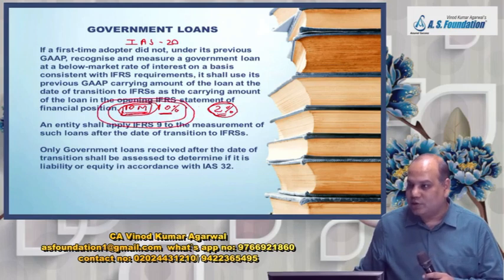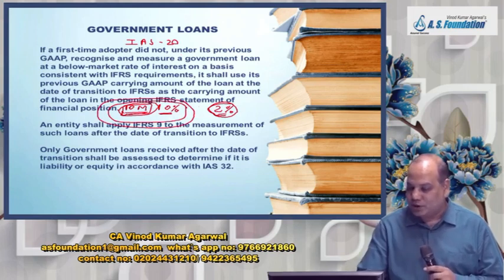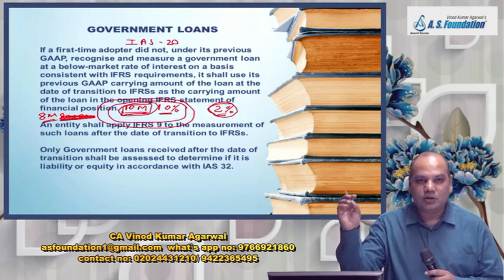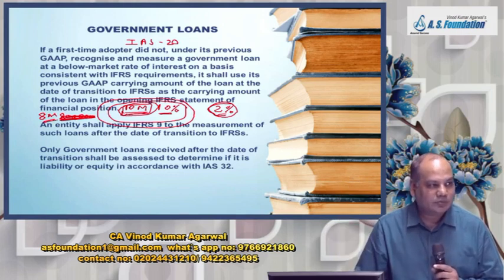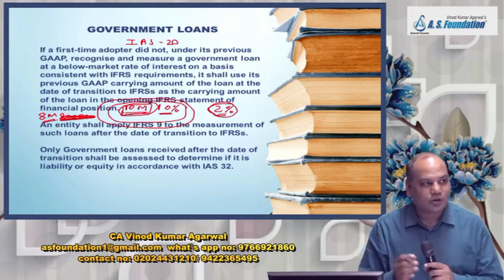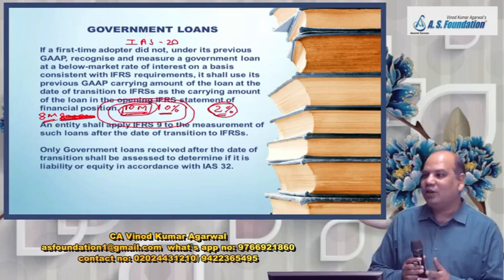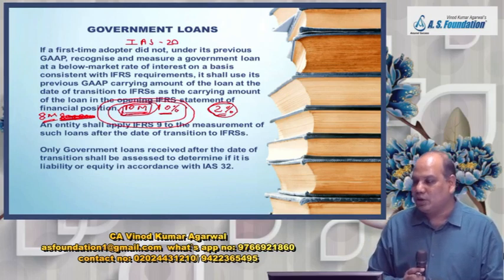But you are receiving interest at 2%. So the present value will be much lower than 10 million. Let us say 8 million only, for example's sake. So the difference between 10 and 8 million will be treated as government grant, and 8 million will be treated as government loan. 10 will be divided into two parts: 8 million as loan and 2 million as grant.